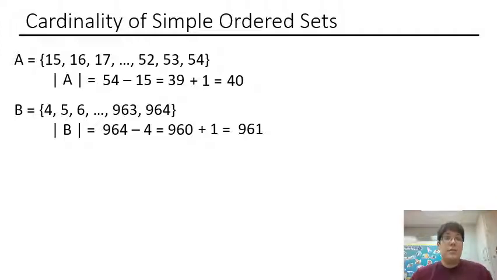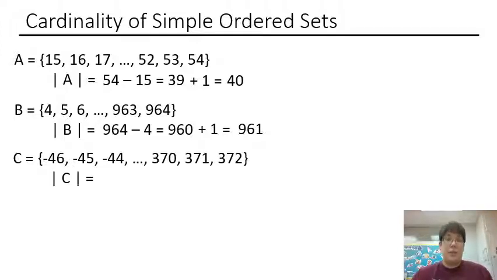Okay, let's look at an even uglier example. Let's look at set C, which contains all of the numbers from negative 46 to 372. So I've got positive and negative numbers in here. So now we're going to do this the exact same way. We're going to take the last number in the set minus the first number in the set and then add 1. So 372 minus a negative 46.